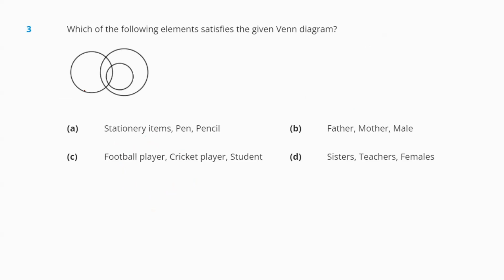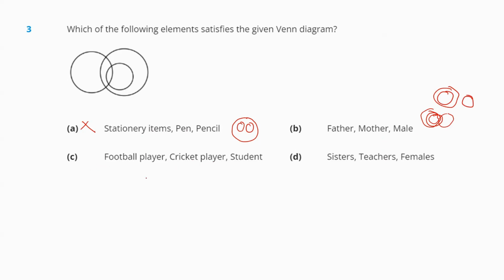Which of the following elements satisfy the given Venn diagram? First is stationary, pen, fancy. So the Venn diagram will be stationary comes under pen and fancy. So this is a wrong option. It is father, mother, male. So father and mother are connected and male is a different thing. So maybe something inside, or it will be male, father and mother.